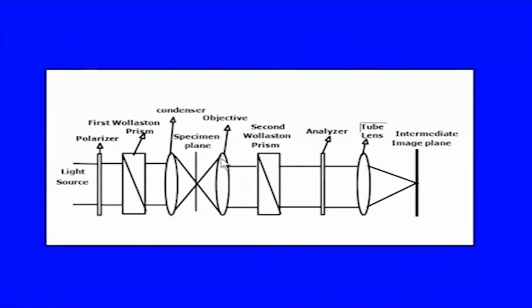The objective focuses them onto the second Wollaston prism, which combines these adjacent rays into one plane polarized light, which is at 135 degrees and is elliptically polarized. It is allowed to pass through the analyzer and the image is formed at the intermediate image plane. The direct light, which is perpendicular to the axis of the analyzer, will not be allowed to pass and will form the background; this phenomenon is also known as extinction.